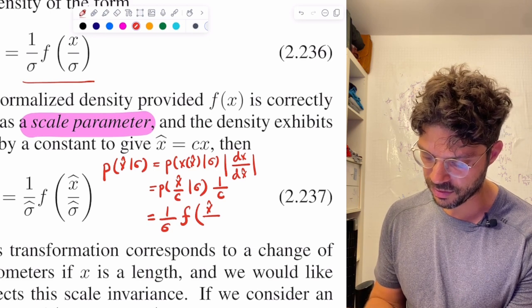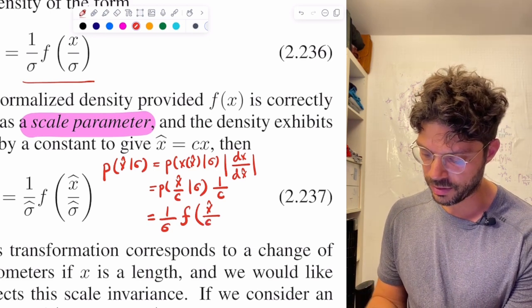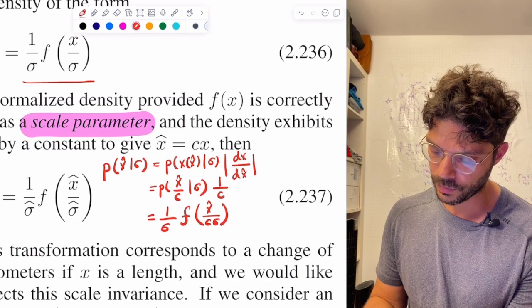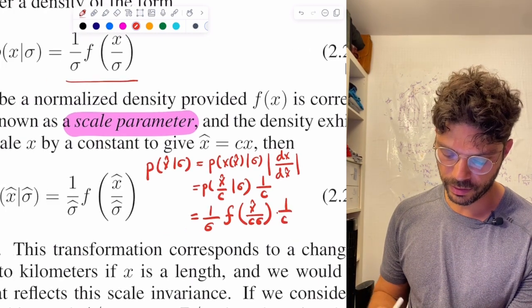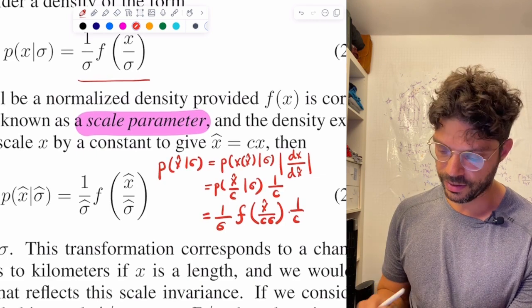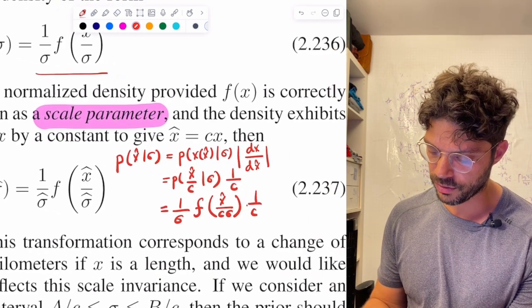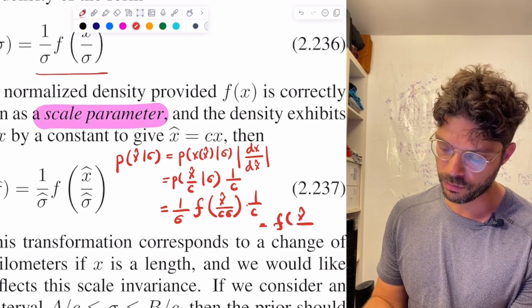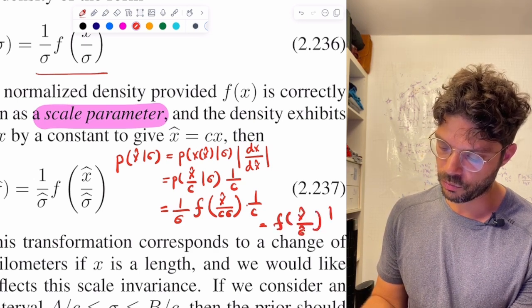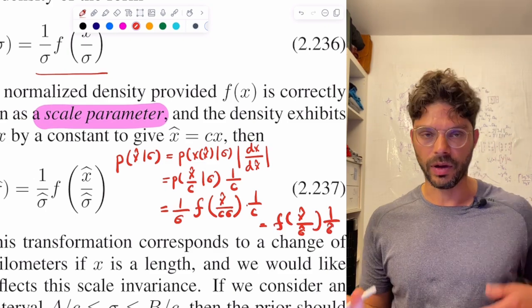So we've got the c first, and then it's being divided by sigma, times 1 over c, right? So now if we define sigma hat in that particular way, it's very easy to see that this is just the same as f of x hat over sigma hat times 1 over sigma hat. So we've got kind of the same form.